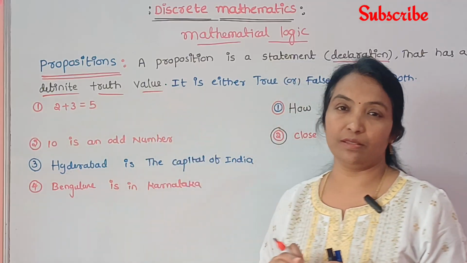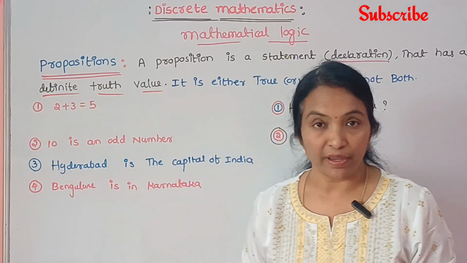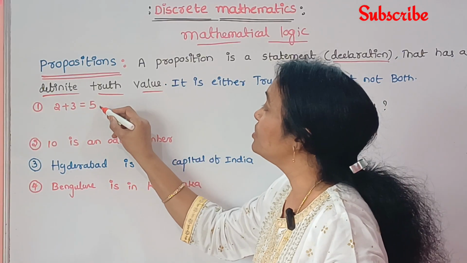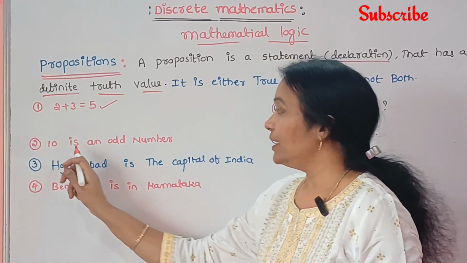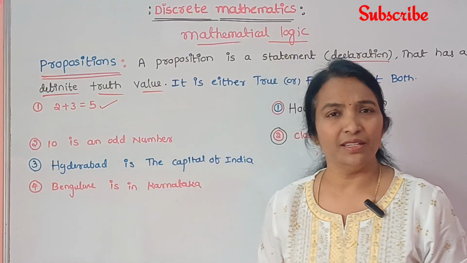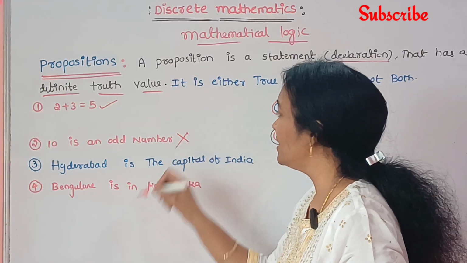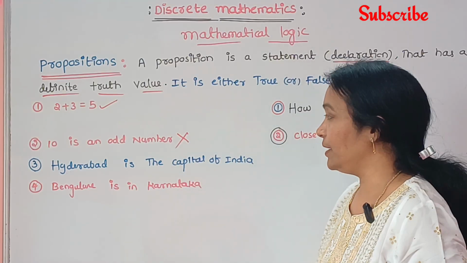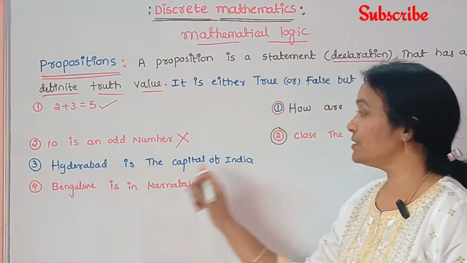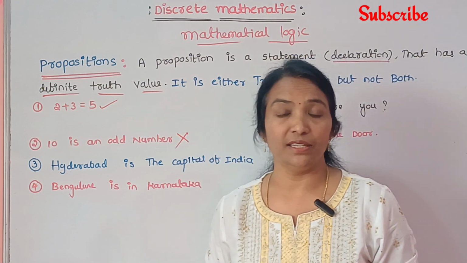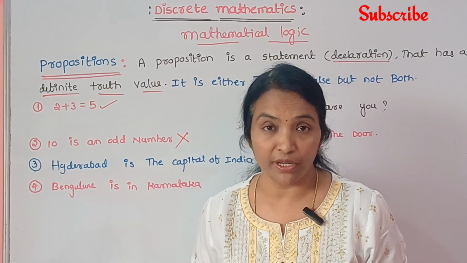Okay, 2 plus 3. What is our result? It is 5, right? Then it is true. See, 10 is an odd number. Is it an odd number? The 10 is not an odd number. It declares this is a false statement. And Hyderabad is the capital of India. Is Hyderabad the capital of India?